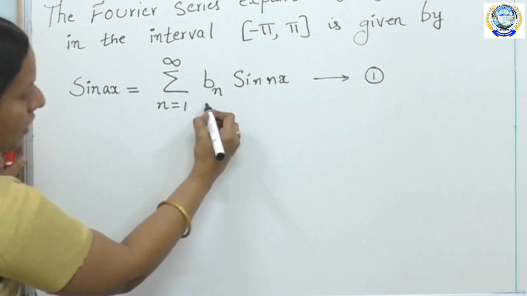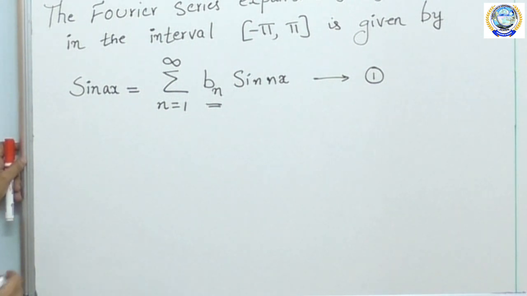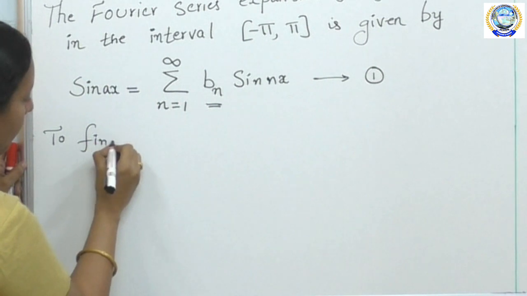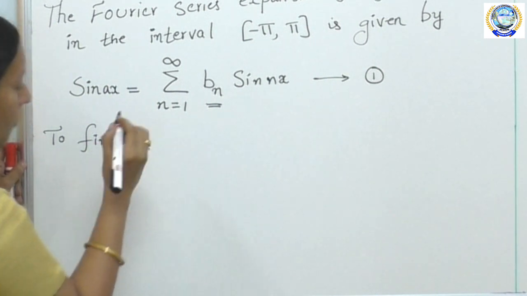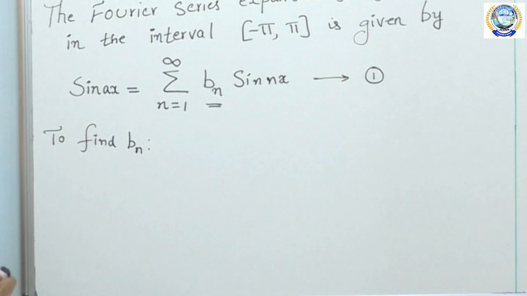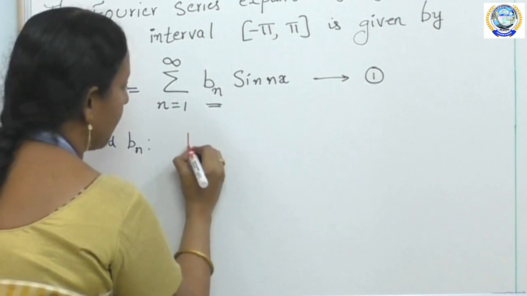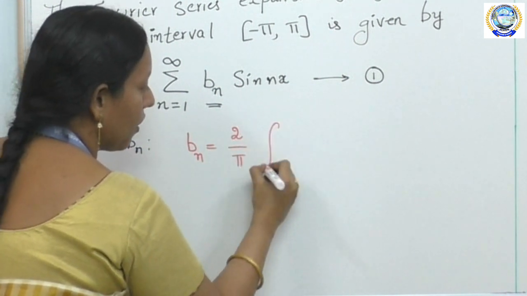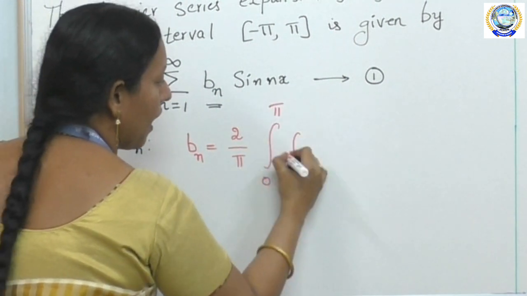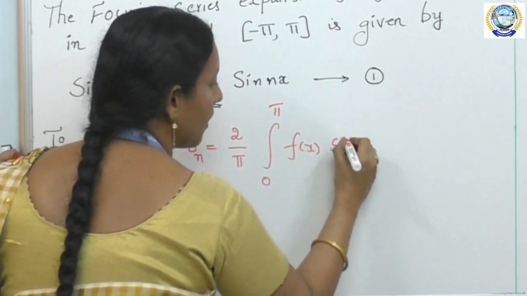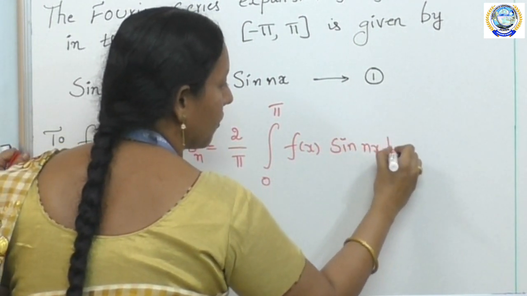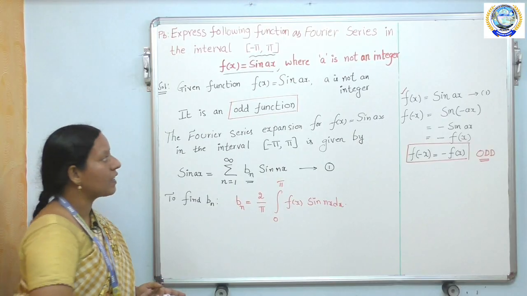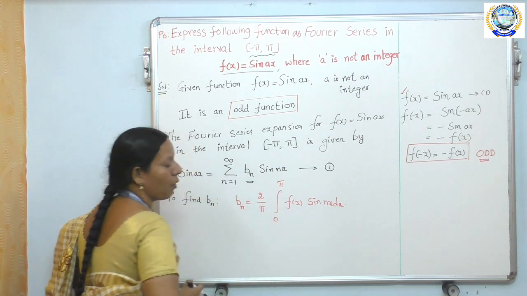To find this bn value, write down the formula first. What is your Bn formula? Yes, Bn equals 2 by pi integral 0 to pi f of x sin nx dx. Now you have to substitute f of x equals sin ax in this formula.